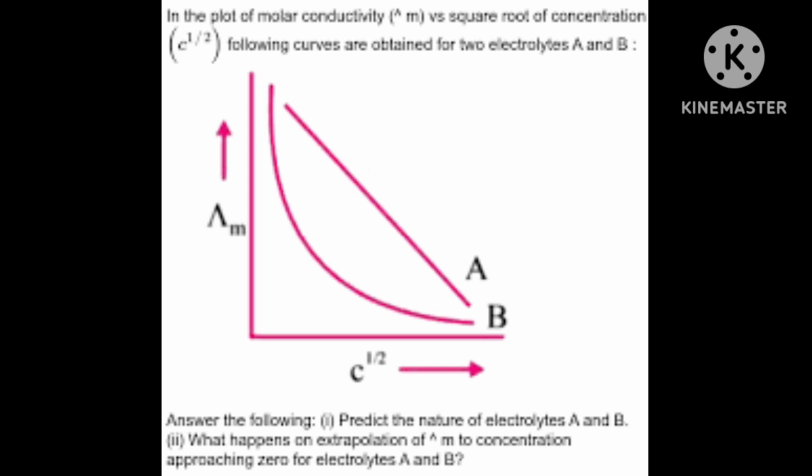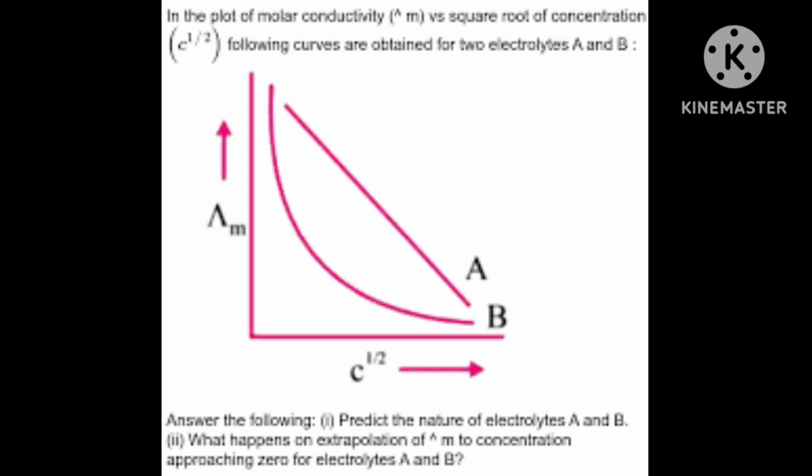Now area is also 1, length is also 1. Then in the formula G is equal to kappa into A divided by L, if you put L equal to 1 and A equal to 1, then in this situation G will be equal to kappa, means conductance is equal to conductivity.